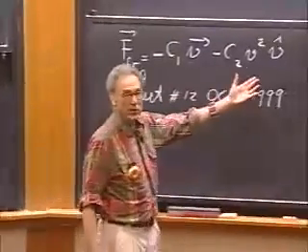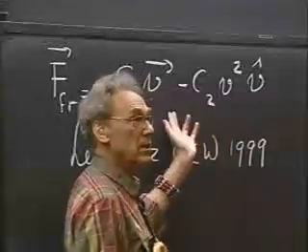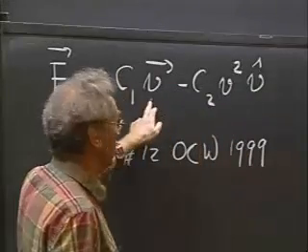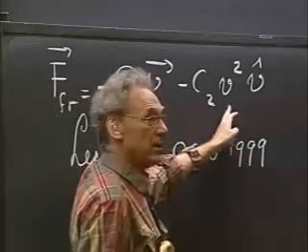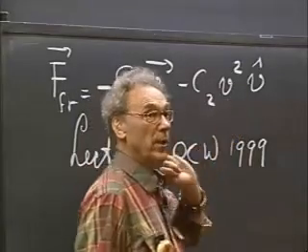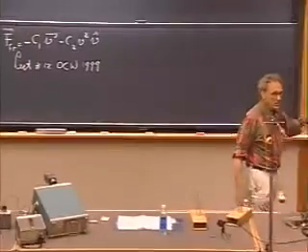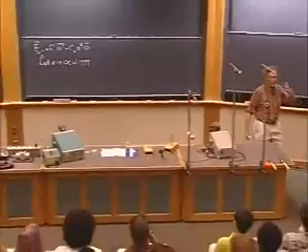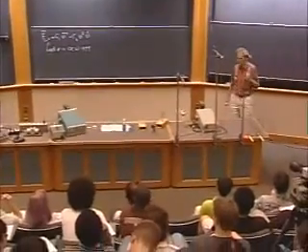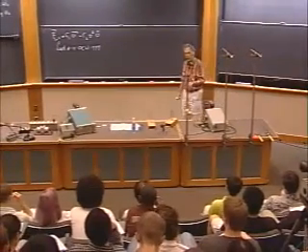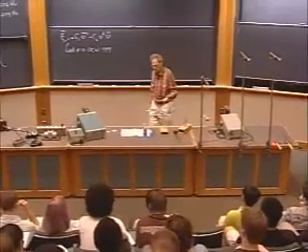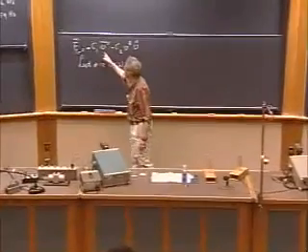I do demonstrations in both domains. If the velocity is low, this term dominates. If the velocity is high, if the speed is high, that term dominates. When you drive your car 10, 20 miles an hour, it is the V squared term that dominates, the air drag. That slows you down. A raindrop that falls, it's the V square term that dominates, not this one.